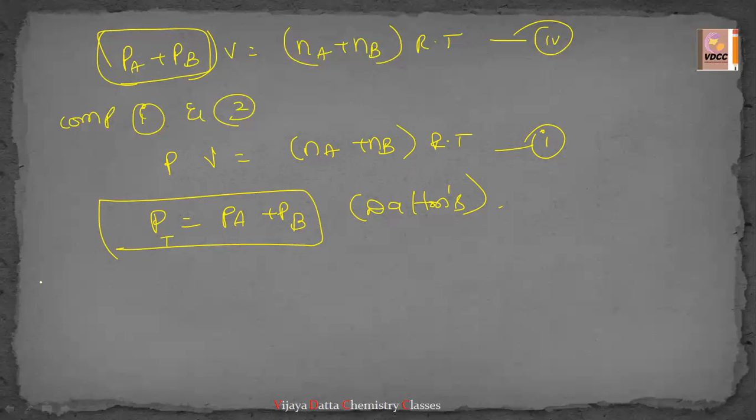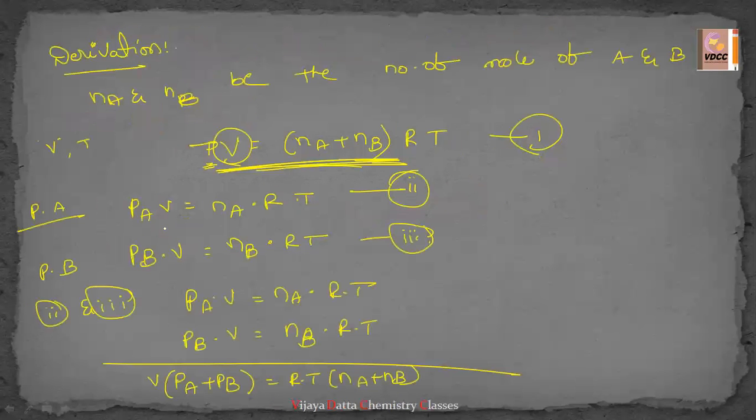Here, you want to calculate the formula for partial pressure. Case 1: partial pressure of A you want to calculate. Then you divide equation 2 by 1. What is the second equation? 2 is PA V equal to Na RT, right?